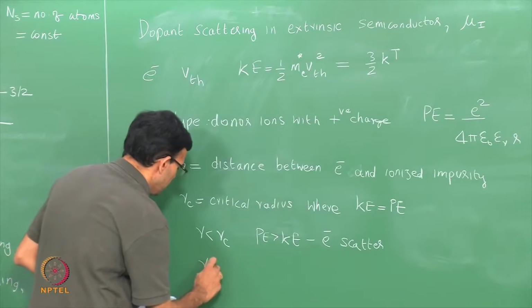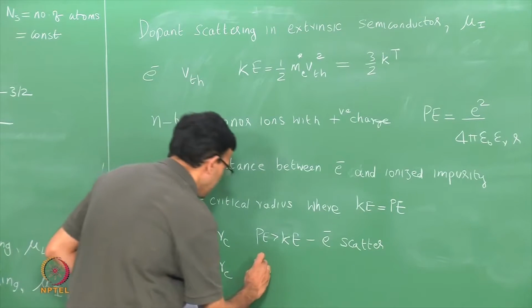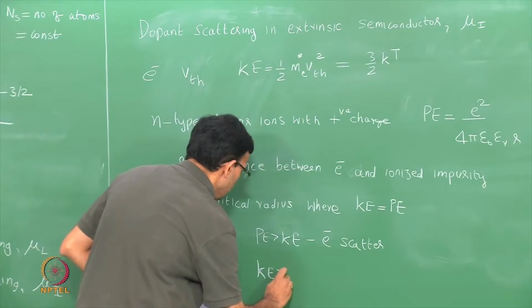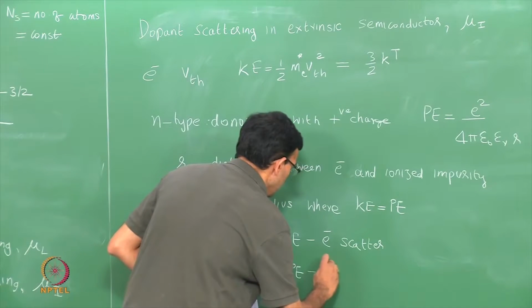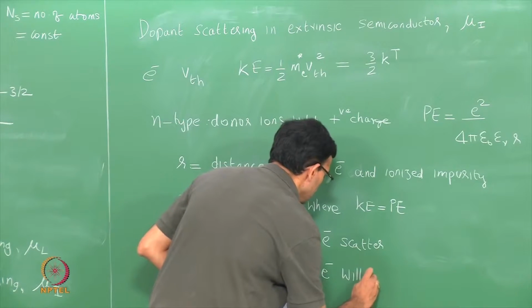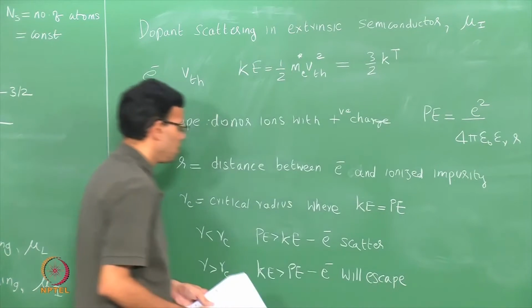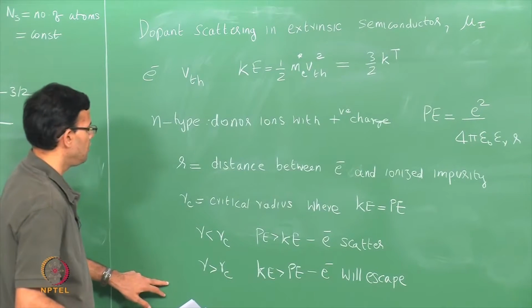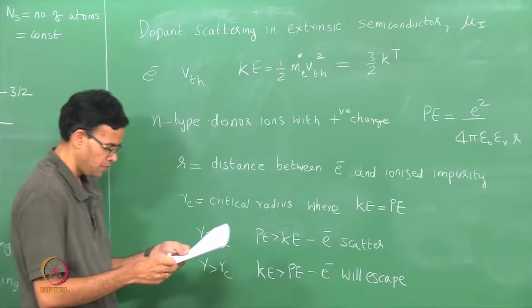If R is greater than RC, it is the reverse. The kinetic energy will be greater than the potential energy and the electron will not scatter, or the electron will escape. Matching these two terms, we define a critical radius when the kinetic and potential energies are equal.